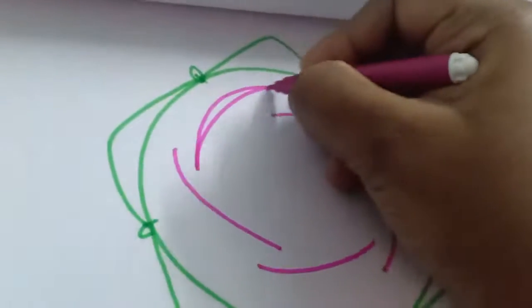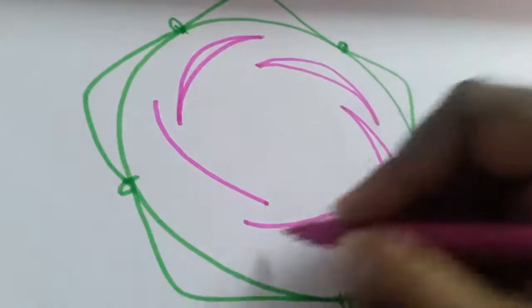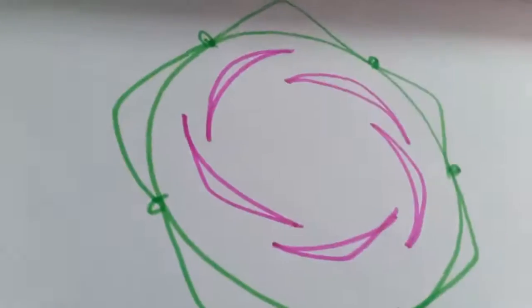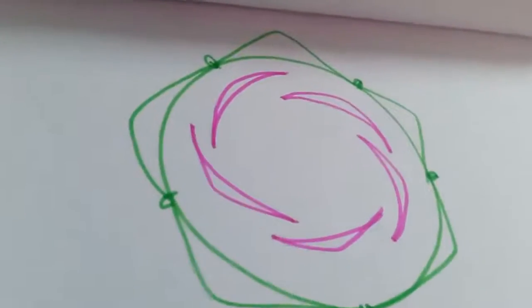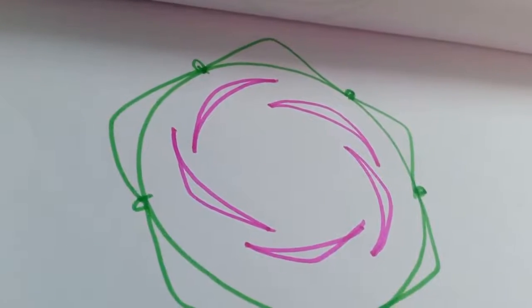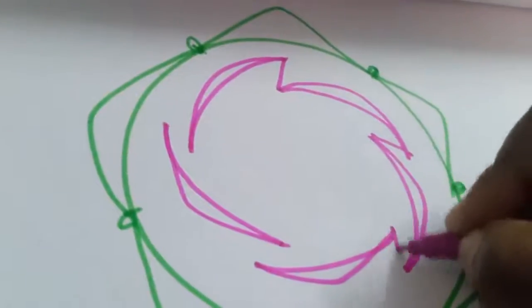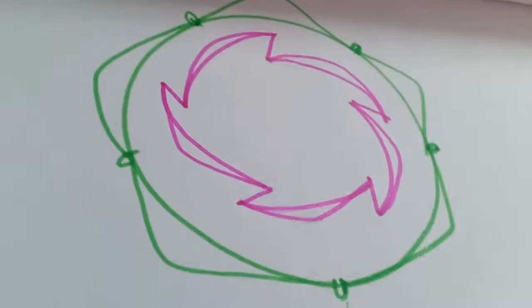Now complete the petal. Okay, is it clear? These are 5 petals. The petals are joined with each other. It is called synpetalous. So I'm going to join it. It is joined. Is it clear?